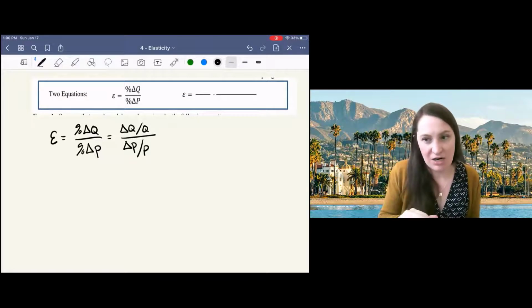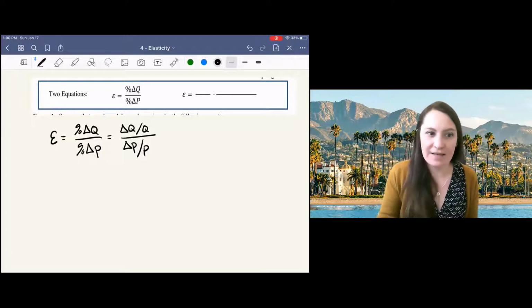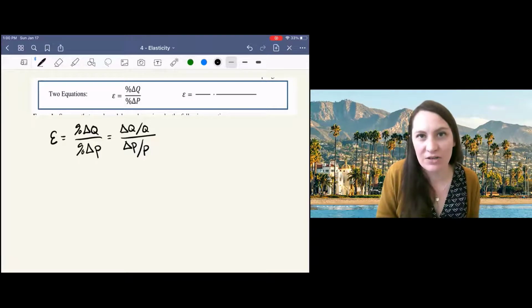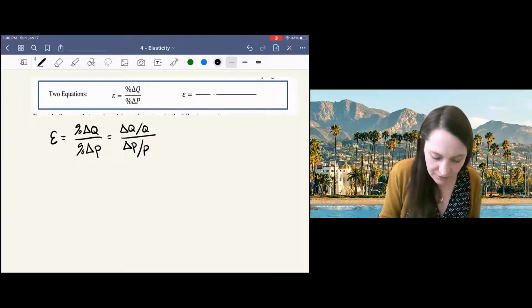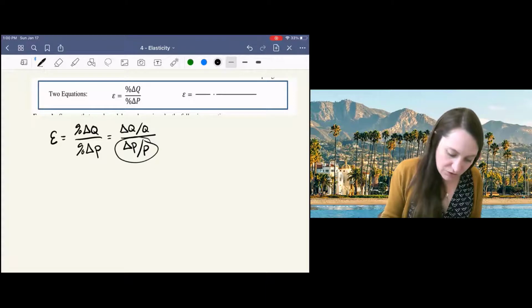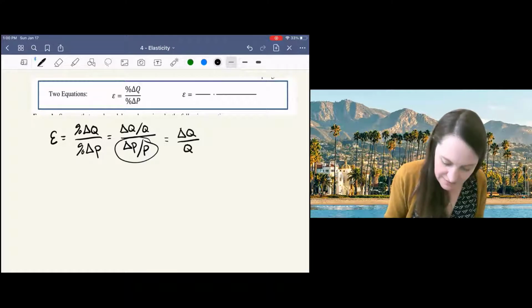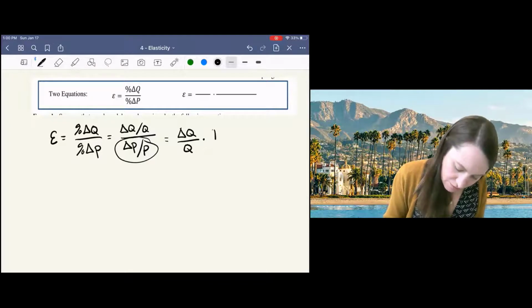Remember that fraction over a fraction is not very nice to look at. So to simplify this, we can multiply by the inverse of the denominator. In other words, we're just going to flip this part around and multiply rather than divide. So that gives me change in quantity over quantity times price over change in price.